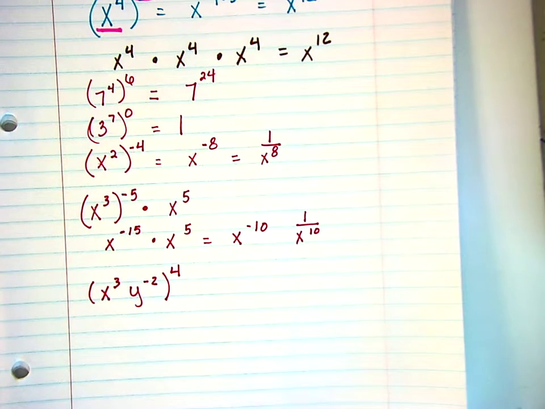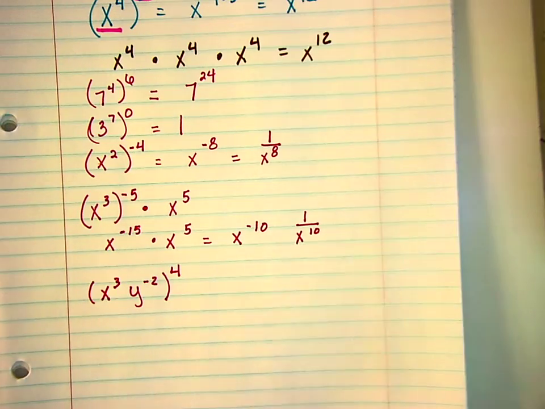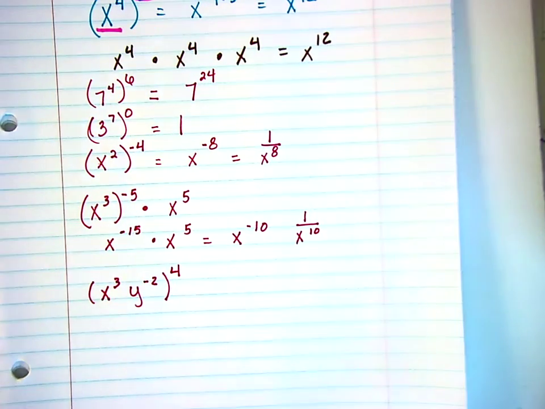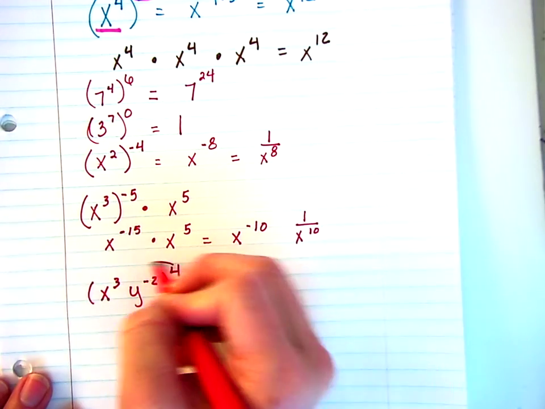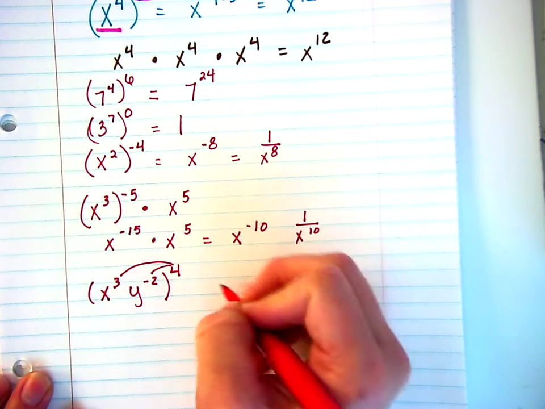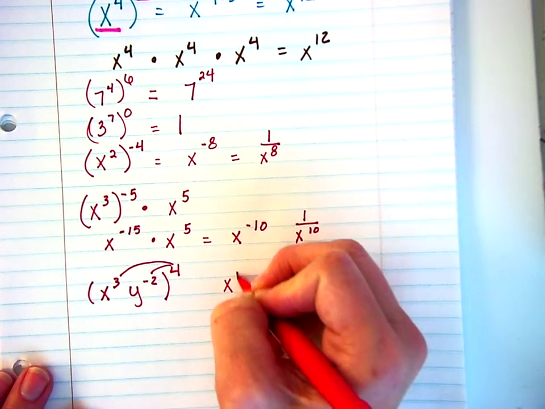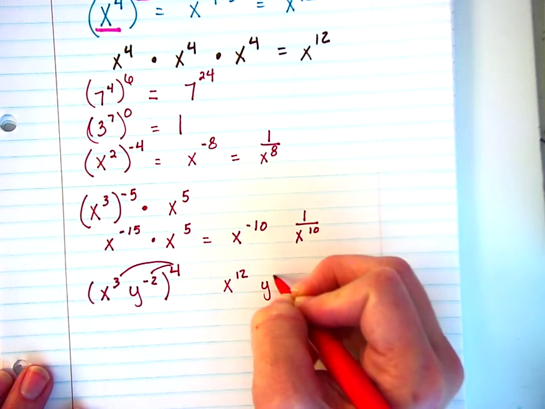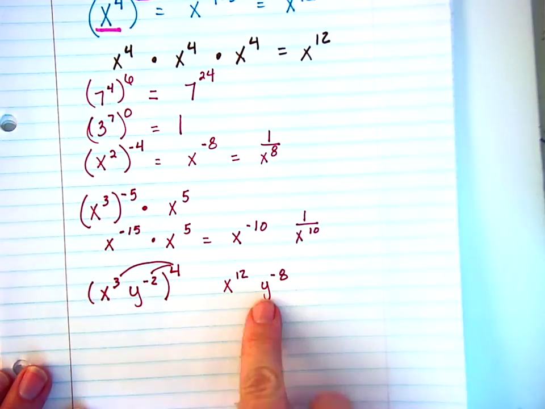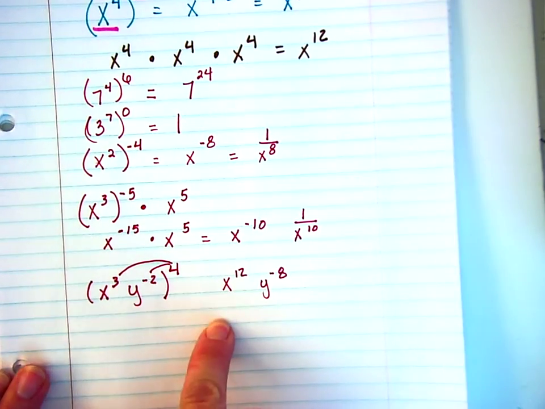I was trying to trick some of y'all. What about the one? The one that can't be negative 8. So I'm going to distribute my 4, that exponent. So that gives me x to the power of 12, y to the power of negative 8. I can't have a negative exponent, so that's going to go down to the bottom.